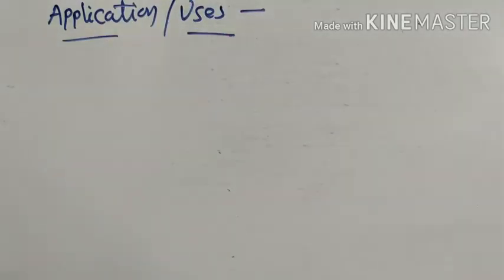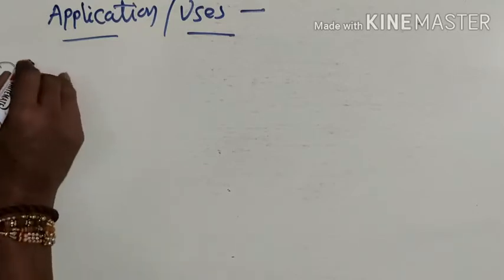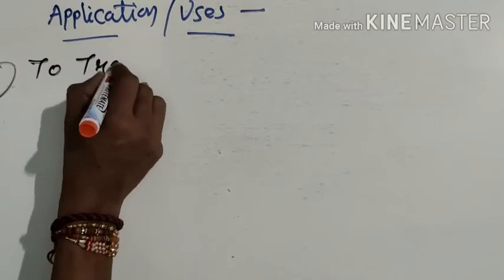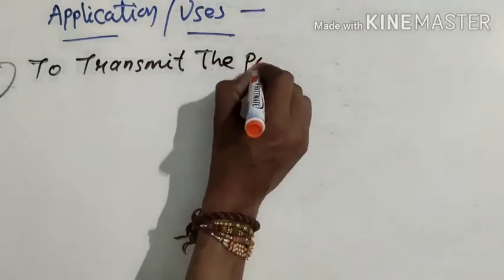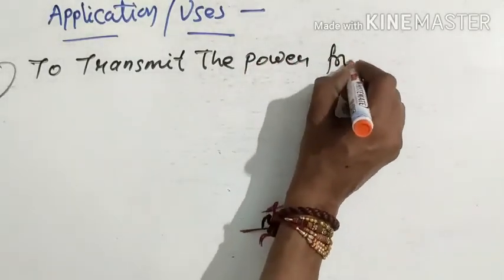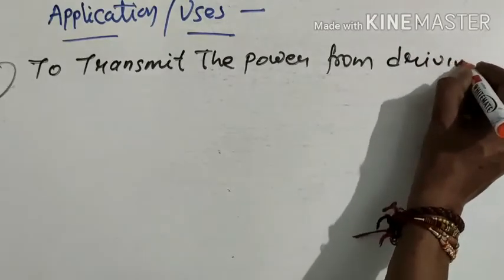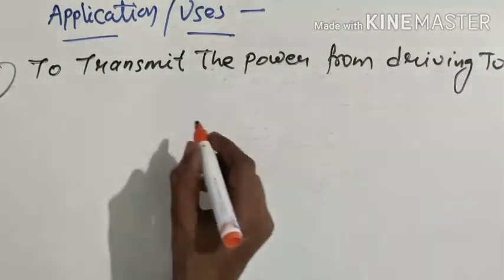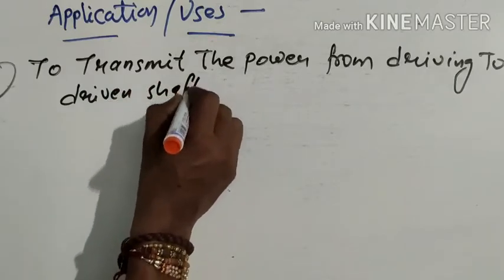Where are couplings used? First, to transmit power from the driving shaft to the driven shaft. So that is number one.